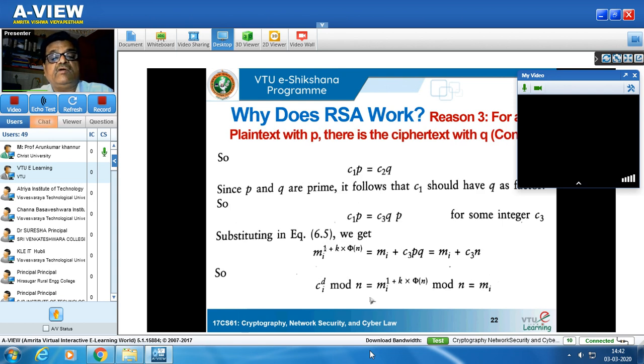If there is no correspondence, then there is no guarantee that what plain text has been transmitted is what we are going to receive.